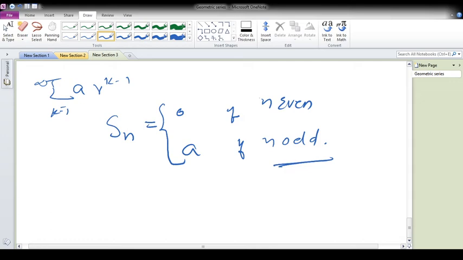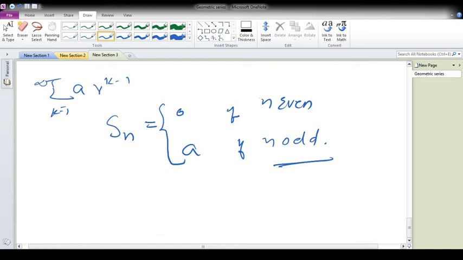Generally we can write the geometric series as the summation of ar power k minus 1, k equal to 1 to infinity. So a plus ar plus ar square plus etc., ar power k minus 1 plus etc. This is the geometric series.